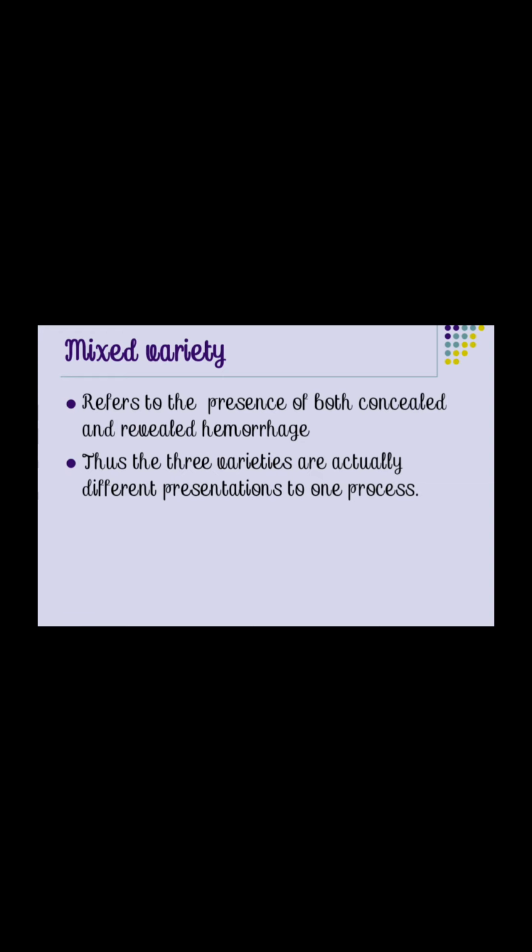Hii mixed, you find a mother has two types of abruption: blood is coming out and some portions of the blood nyingine inabaki ndani. Kwa hiyo ndio mixed. Thus the three varieties are actually different presentations of one process.